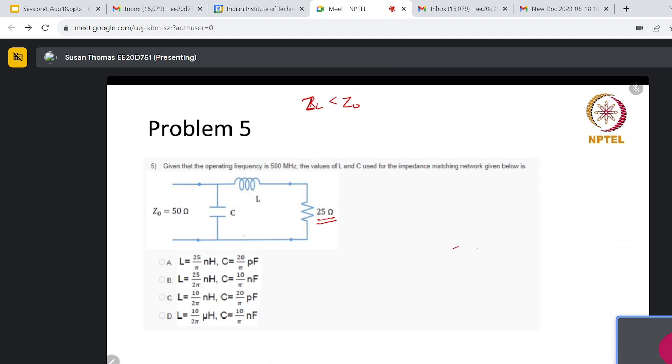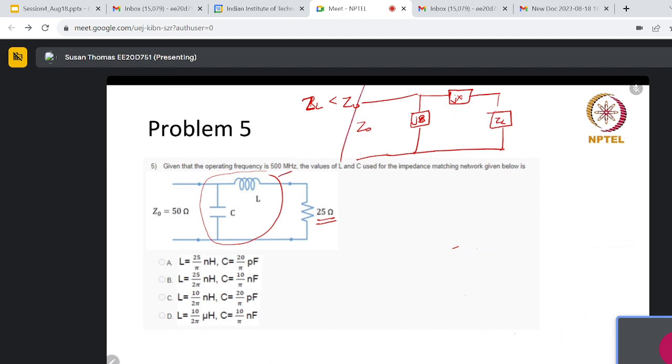And look at the kind of matching network used. So you have parallel jB and then jX, and this is ZL and Z0.